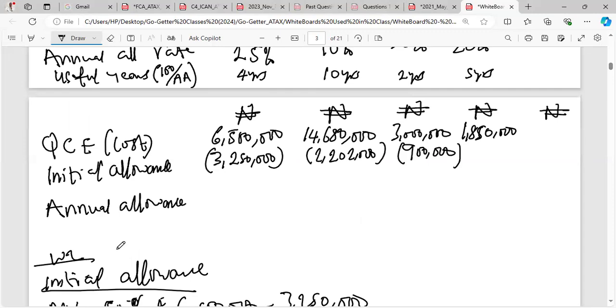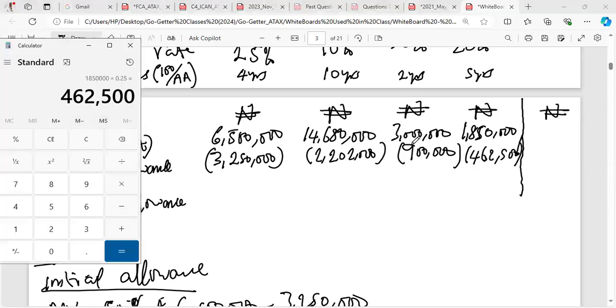The examiner has to see your workings for him to have confidence in your work. Now you're going to add all these initial allowances to get a positive figure. Though you are writing them in negative, when you are adding them together, you are giving them in positive.